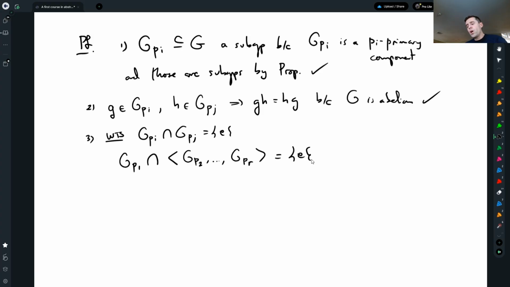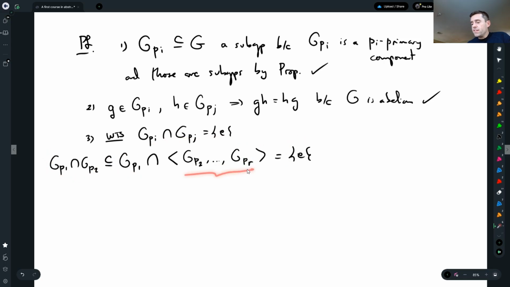Okay, so let's show that that is true. If I can show that this intersection is trivial, then the intersection of these two will also be trivial. So let me show that this is trivial as follows.